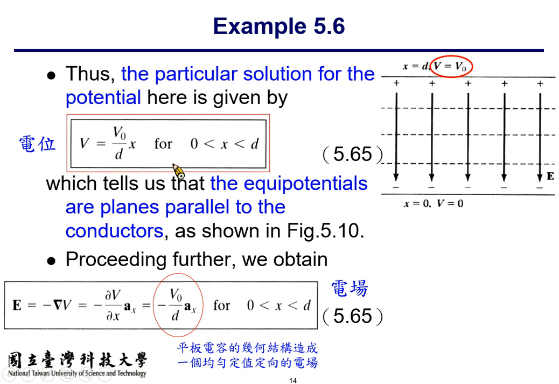Note that the electrical field intensity is a vector, so it comes with a direction. In this case, it is a_x direction. The minus sign means it's pointing downward, minus a_x.